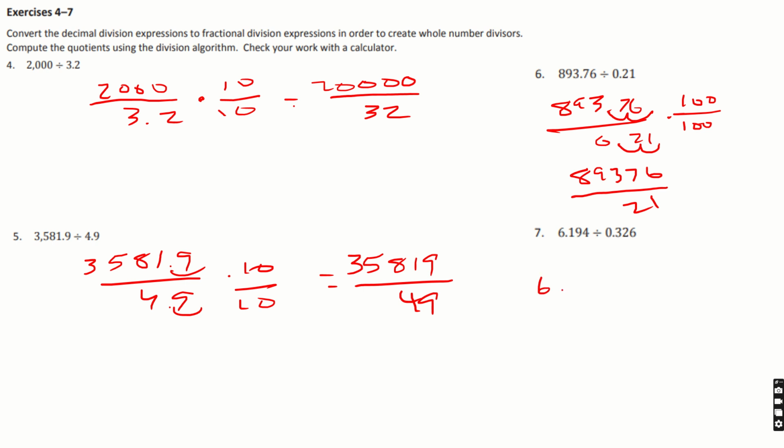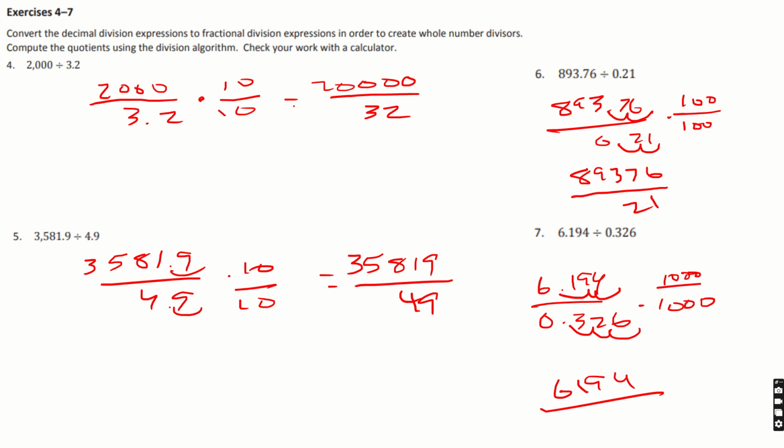And the last one, 6.194 over 0.326. We'll notice in each case it's 3 decimal places. So we're going to need to multiply by 1 and 3 zeros, or 1,000. And we get 6194 over 326.